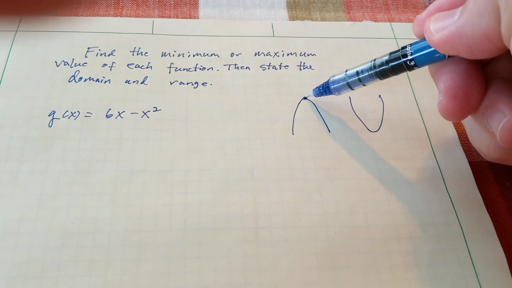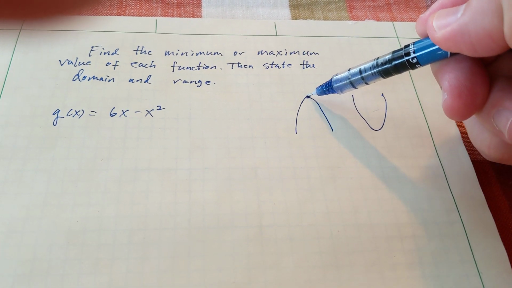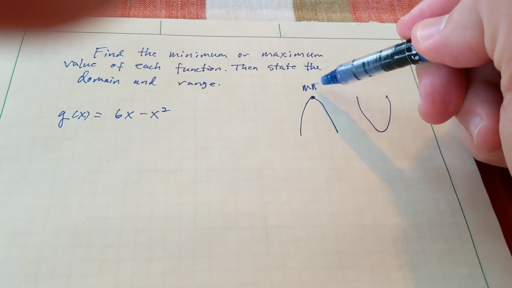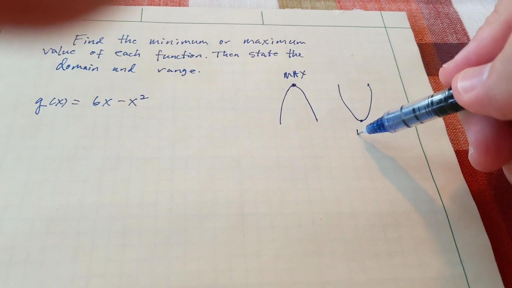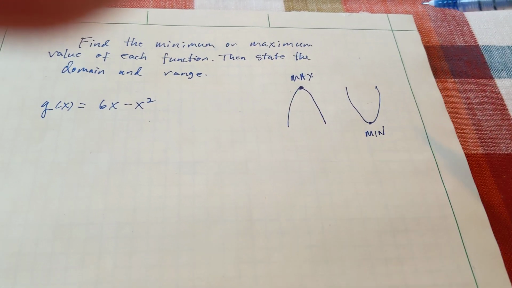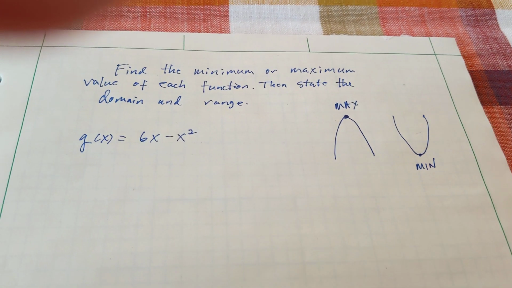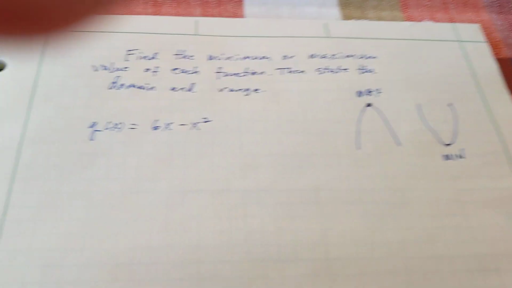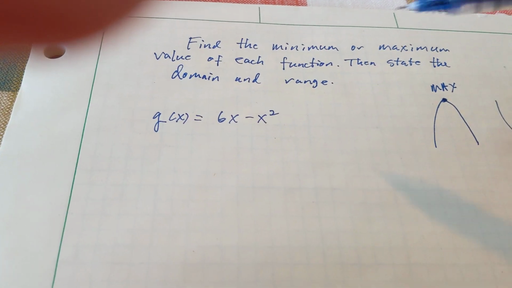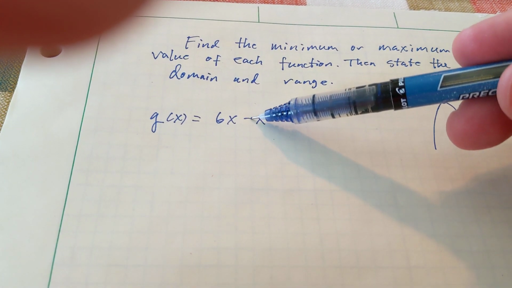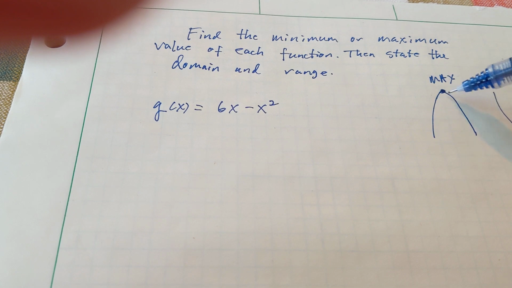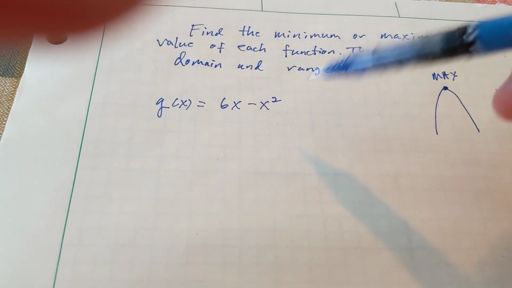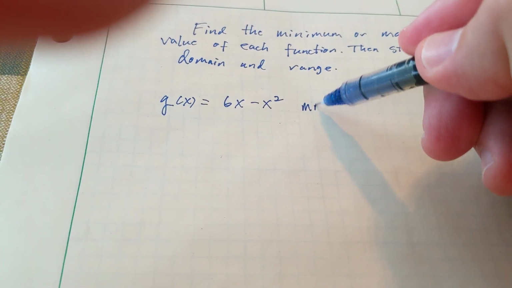The vertex is either on the top of the hill, which would be a max, or on the bottom in the valley, which would be a minimum. This problem says find the minimum or the maximum, and I can tell already, because of this negative term in front of the x squared, that the graph is going to be opening downward like this, so this is going to be a maximum.